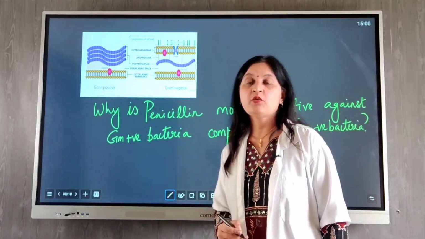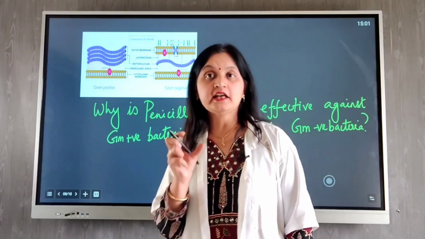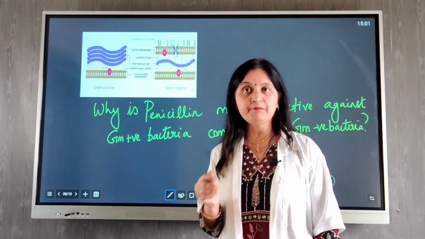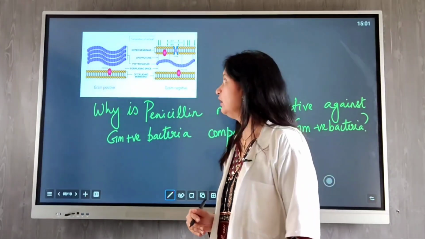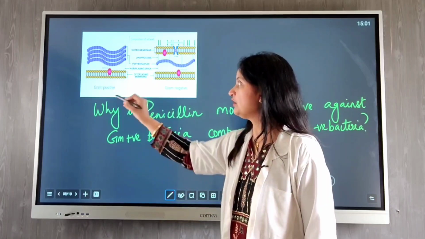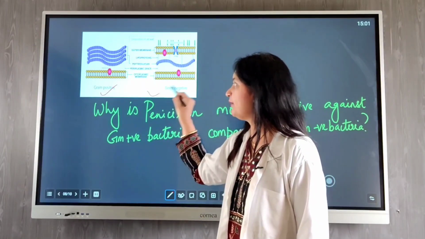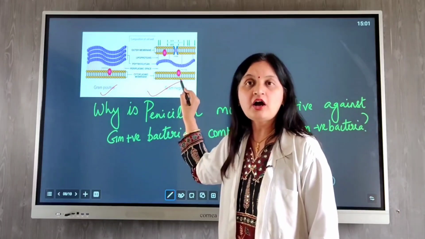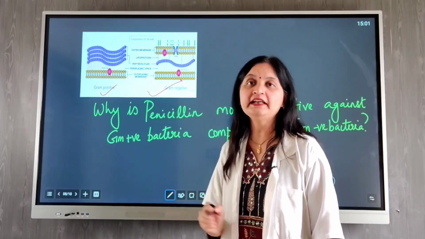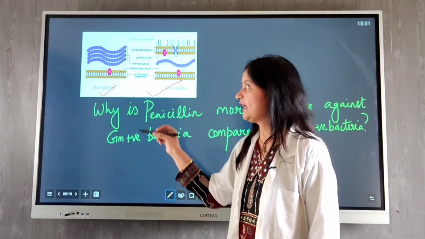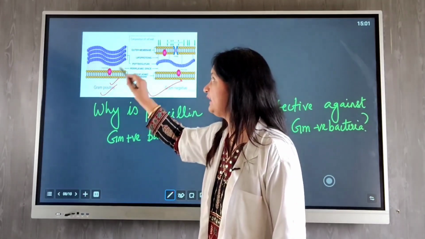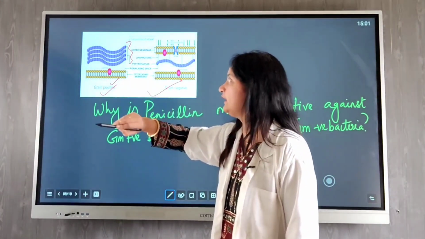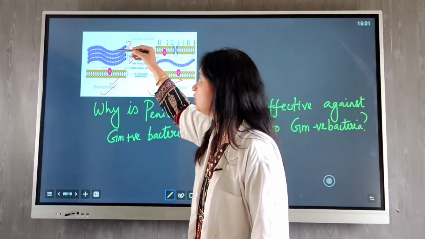Now, lastly, let us see why penicillin is more effective against gram-positive bacteria as compared to gram-negative bacteria. This is because of the structural differences between the gram-positive and gram-negative bacterial cell wall, which influences the antibacterial activity. As we can see in this figure, in gram-positive bacteria, there is a thick peptidoglycan layer present on the outer side.